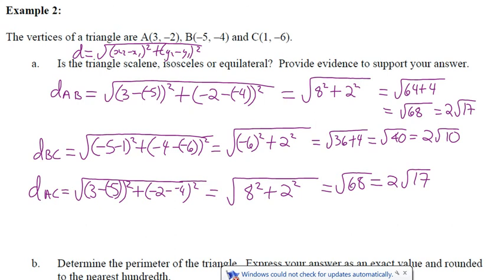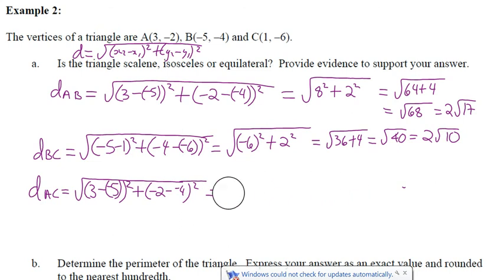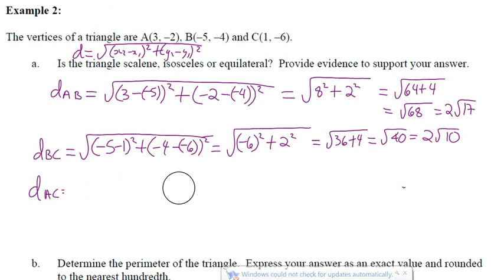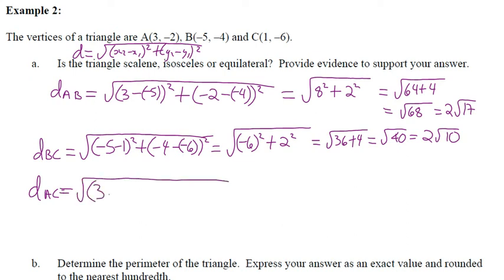I just redid the calculation of A to B. Yeah, come on, you guys gotta pay attention. You guys just sit there and write down everything that's written in front of you.